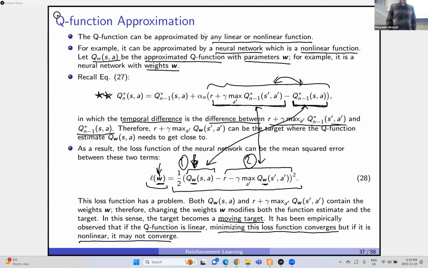with W, the parameters, the weights of the neural network, okay? And for the difference, you can see this is a float value, right? It's not an integer value, this delta. So it's a regression problem, okay? What do you want to do? You want the value of this to be very similar to the value of this.